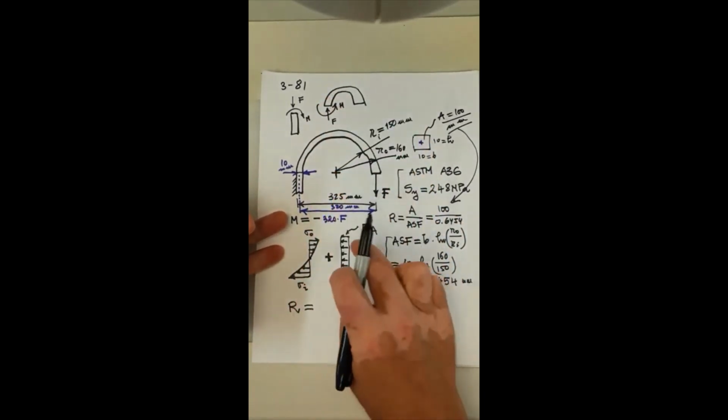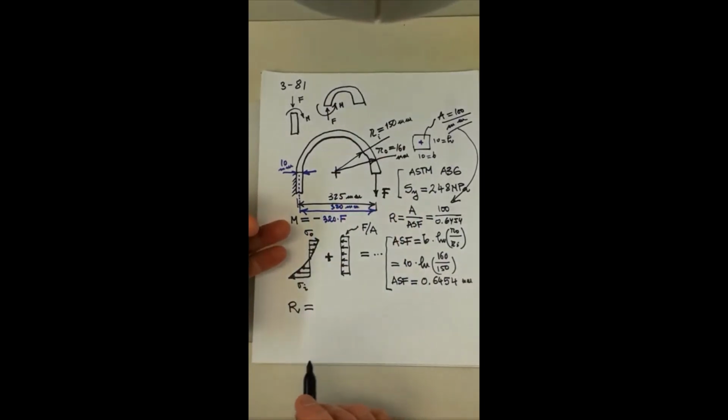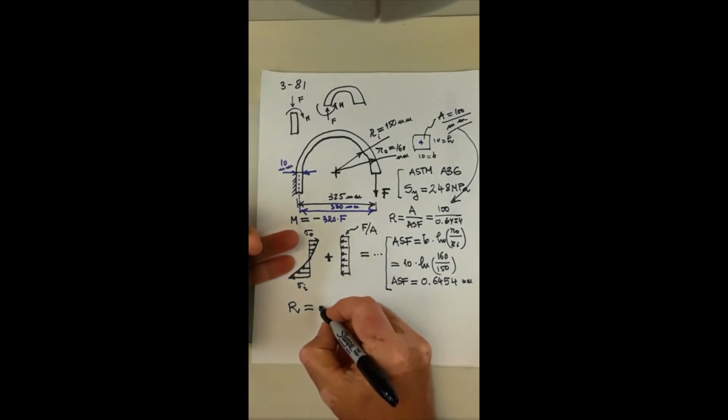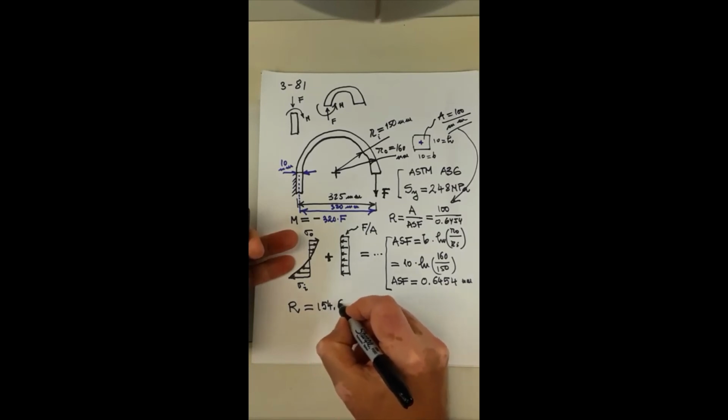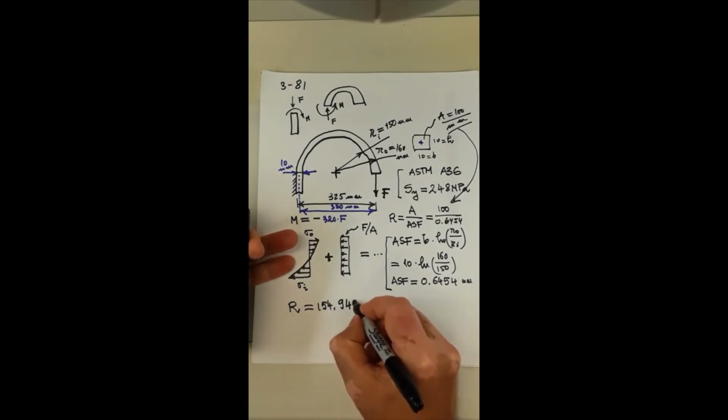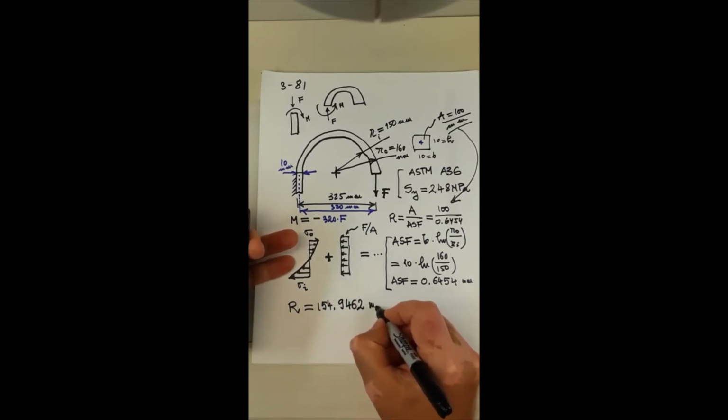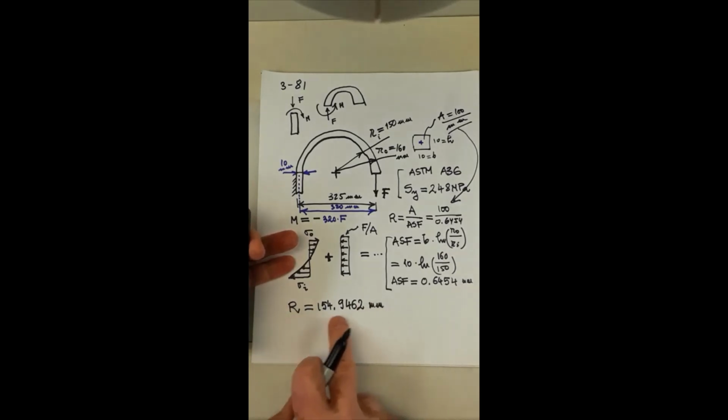Okay, so the radius from the center of curvature to where the stress is, when it's just the bending moment considered, not this effect. Still have this number, I divide by 100 and take the inverse. Okay, so radius is 154.9462 millimeters. I'm looking at the number, it makes sense.